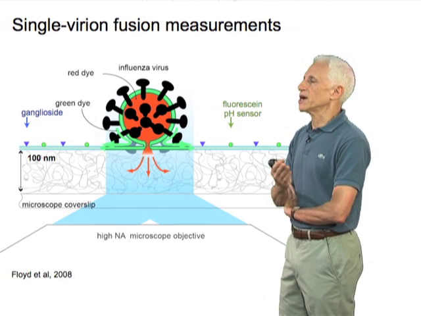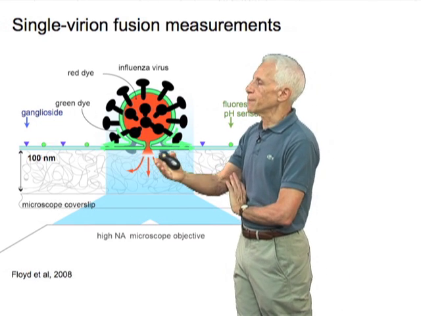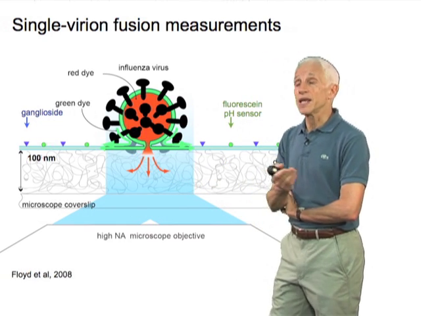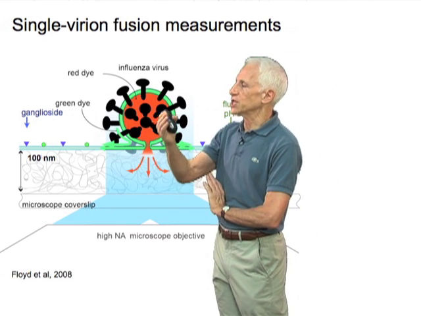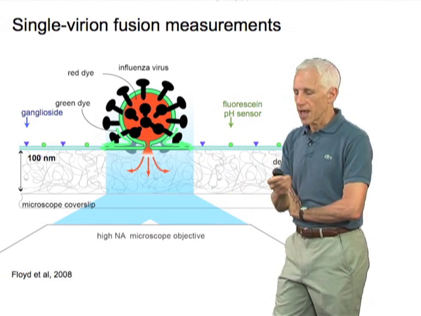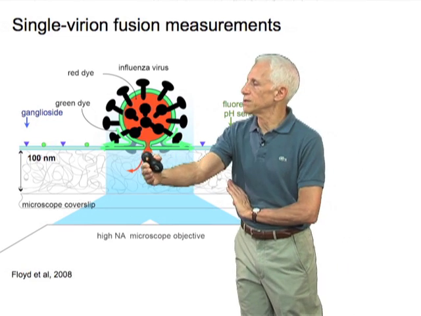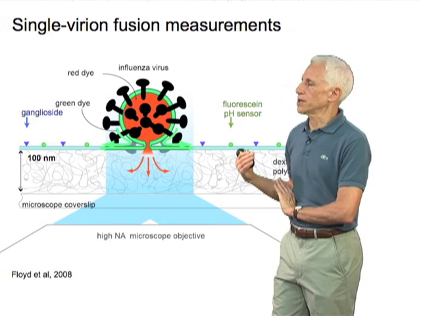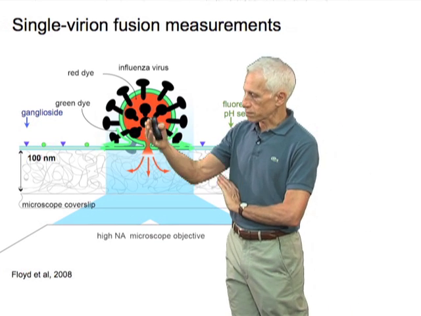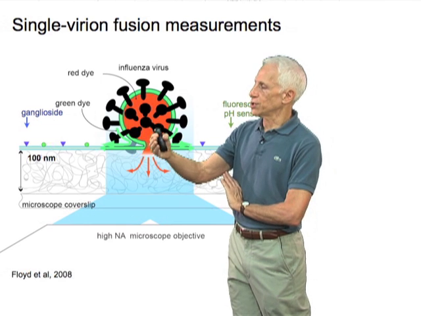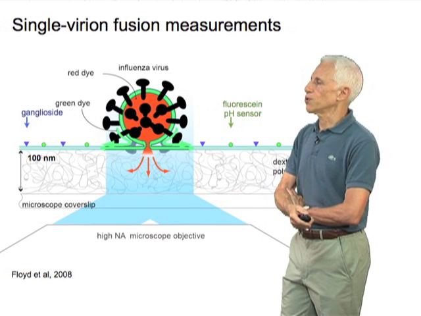And so those two dyes report, on the one hand, mixture of lipids in the two membranes, and hence the hemifusion step, and on the other, formation of an aqueous channel between the virus and the solute in the swollen dextran polymer layer, which shows the formation of a full fusion pore.